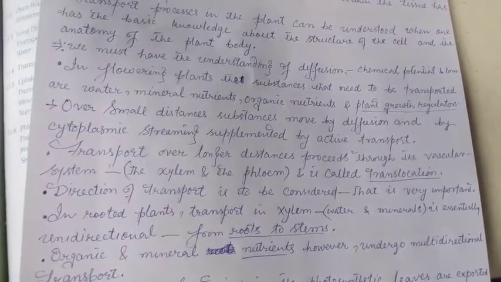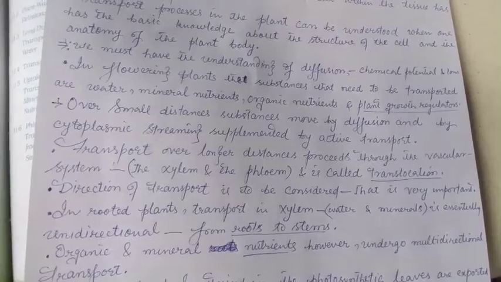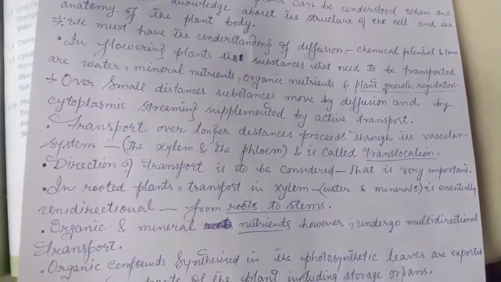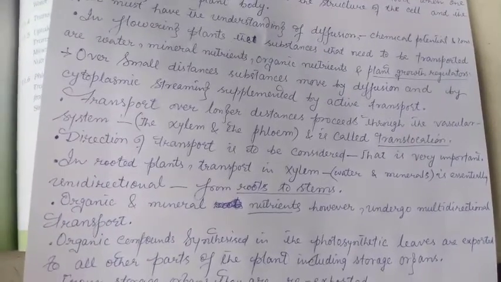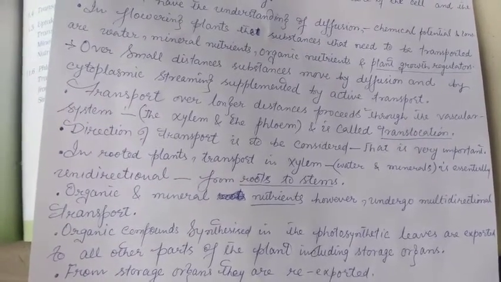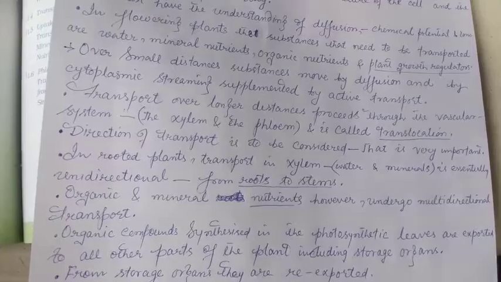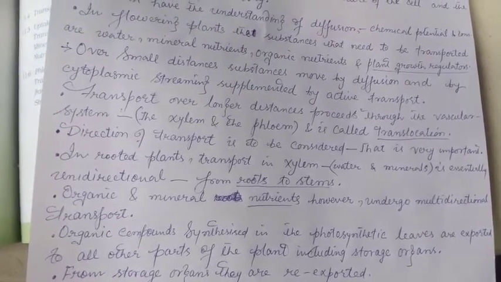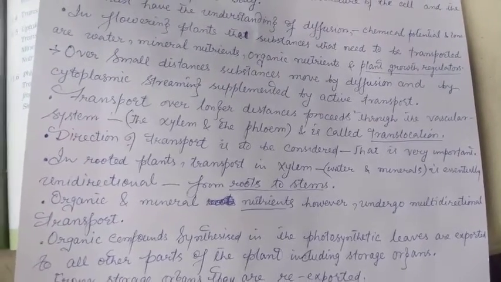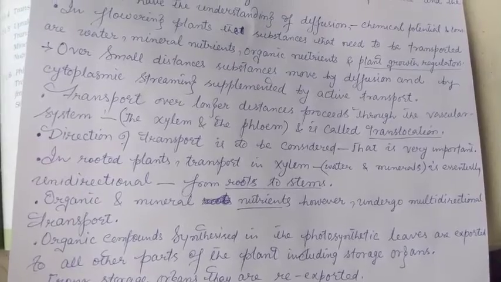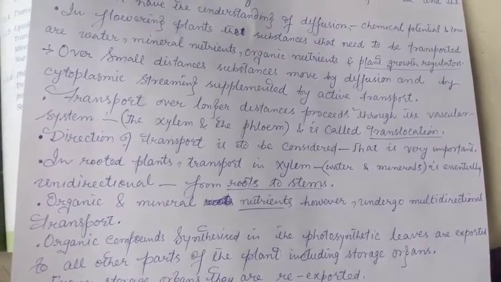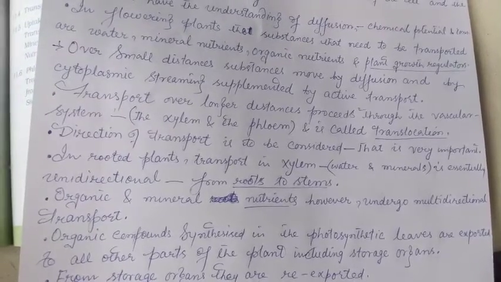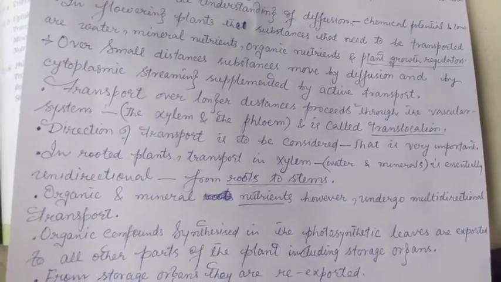Organic and mineral nutrients, however, undergo multidirectional transport. Organic compounds synthesized in the photosynthetic leaves are exported to all other parts of the plant, including storage organs. And this occurs through another conducting tissue of the plant, which you must be remembering is known as the phloem.